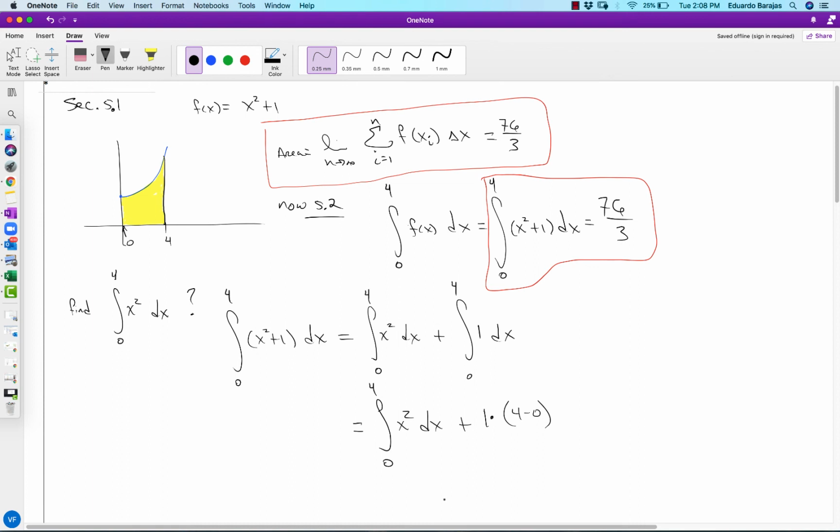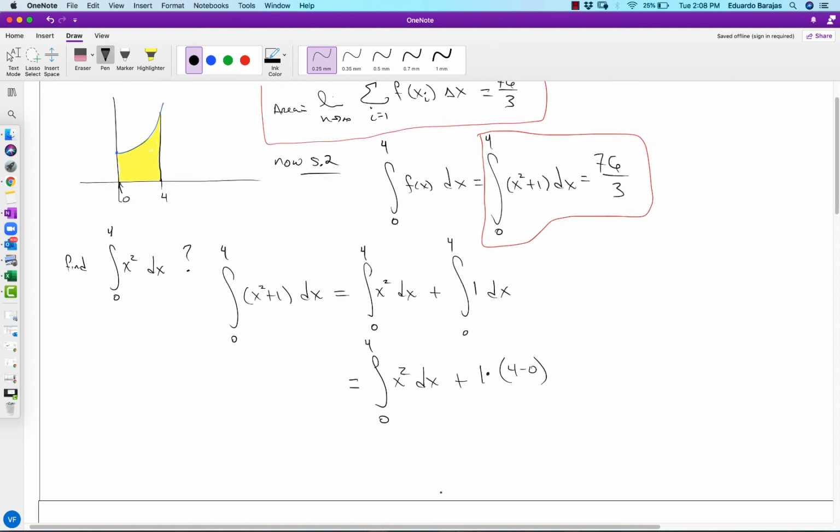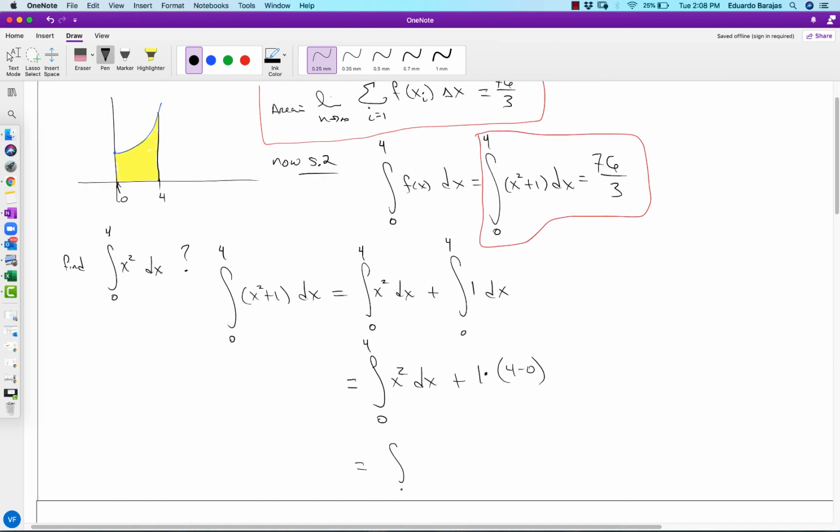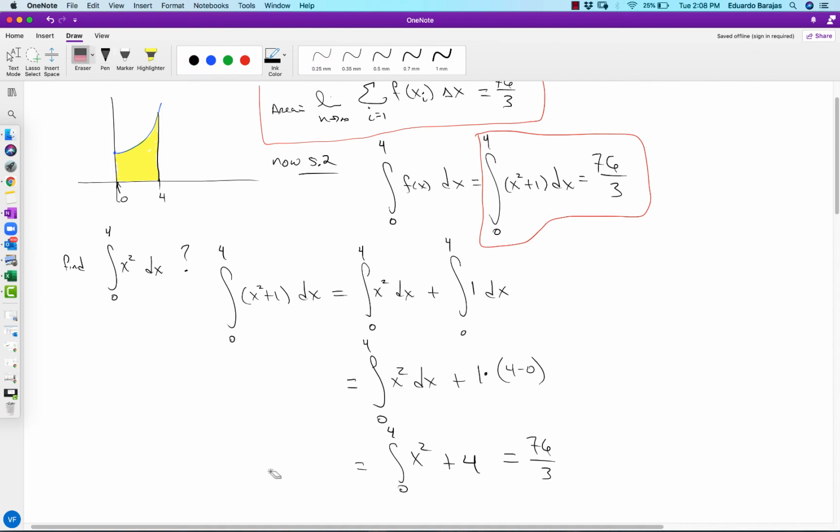So we get that the integral from 0 to 4 of x squared plus 1 dx, which we established equals 76 over 3, is the integral of x squared plus 4. So if we subtract 4 from both sides, we get the requested integral.